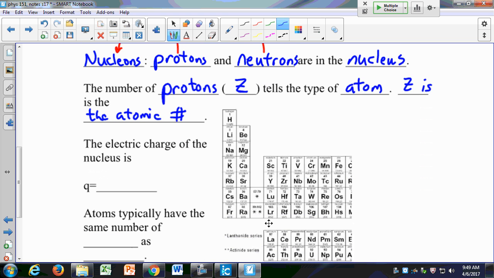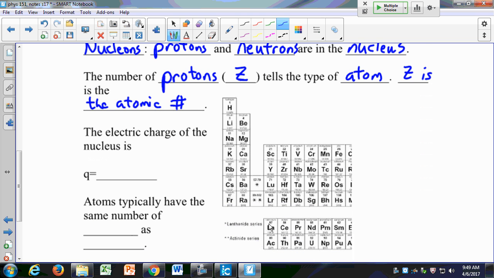All right. So does this show up in your book? It does. I don't know why it doesn't here, but for example, that has one proton. This has three protons. This has 11 protons. That's your atomic number. And then the electric charge of the nucleus, that is the total positive charge of the nucleus, is just going to be plus Z times E. If you remember, E is that fundamental unit of charge.